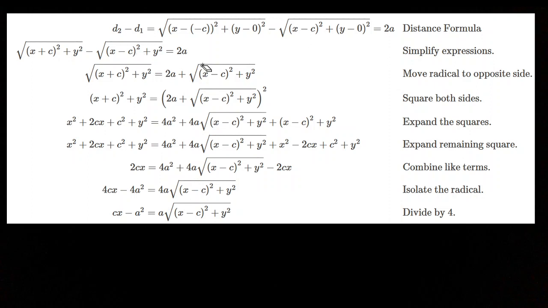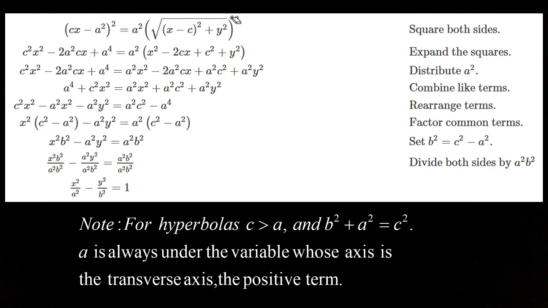We'll move this to this side, and then square both sides, which is just a little algebra. Then isolate this square root again, right? We get that. Now we square both sides one more time, and we're going to end up with all that. We simplify, and we end up with what?